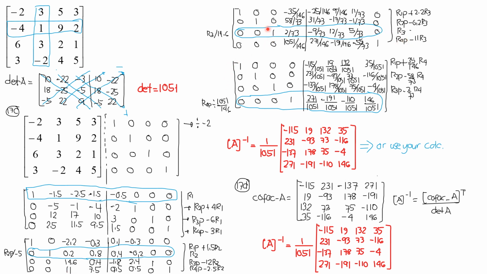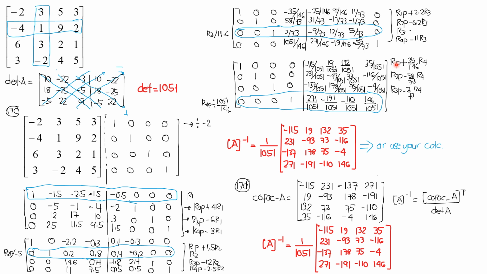So that's the formula, and we get these new elements of row 4. And finally, we divide everything by 1051 over 146, the previous row 4. This is now the new row 4.